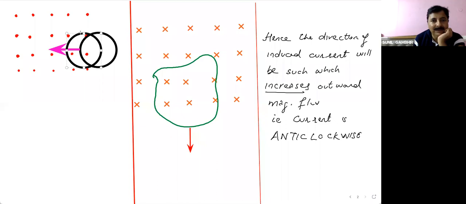We have to see through this circle. More phi is coming outward. As phi is variable, an induced current will be produced, and its direction will be such that it opposes the outward phi. How can you oppose outward phi? By producing inward phi. So if the phi is inward, the direction of current will be clockwise. Yes, no?